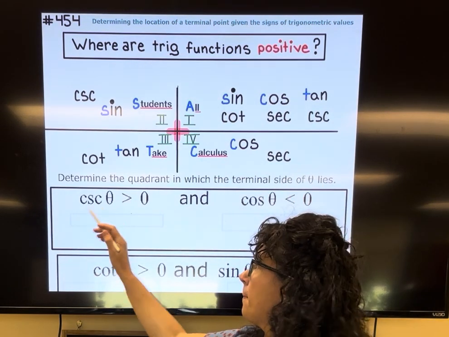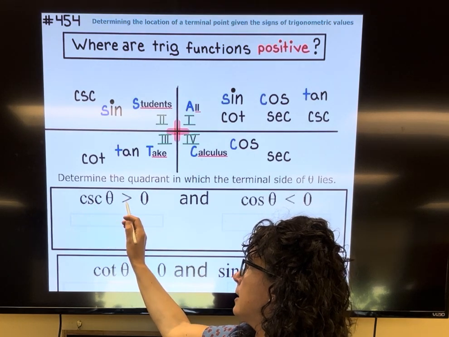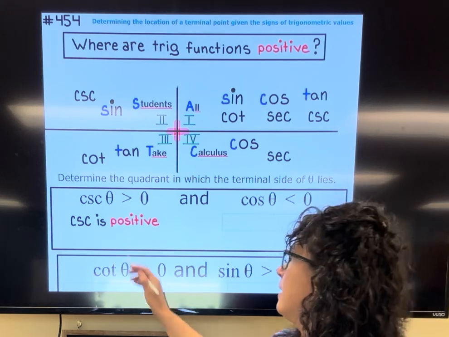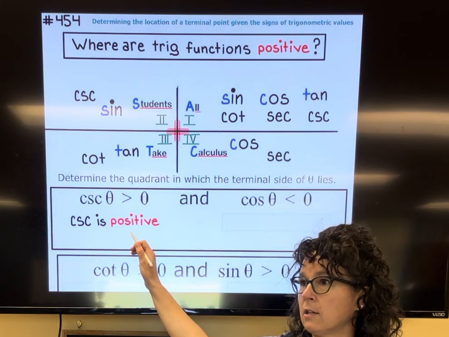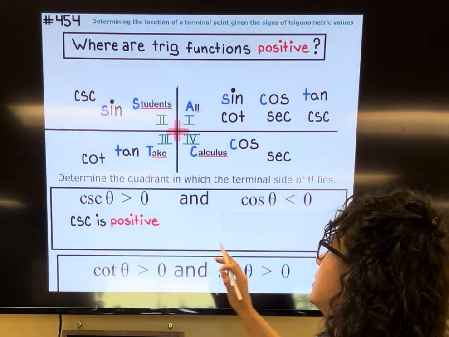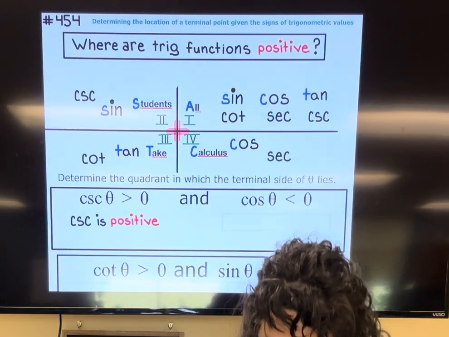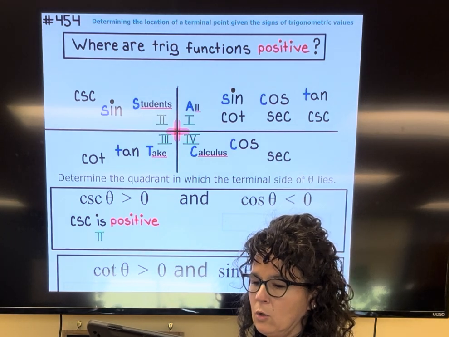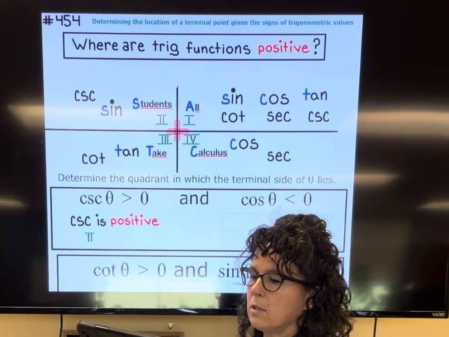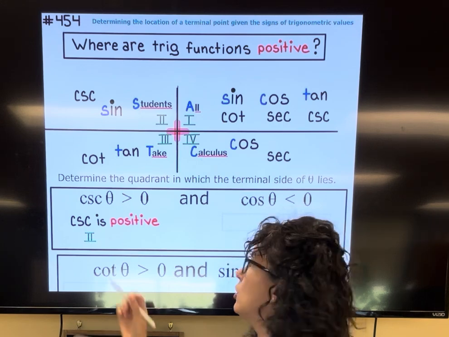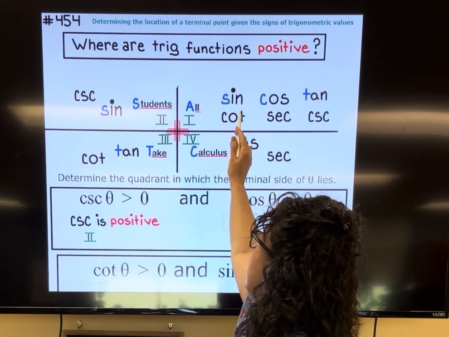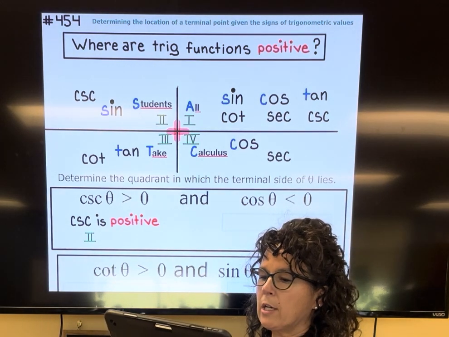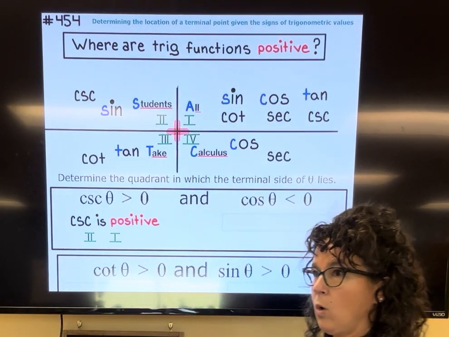Okay, so my angle, cosecant is greater than 0 is the same thing as saying that cosecant is positive. So if cosecant is positive, we know that that's happening in quadrant 2, that's one place. And then all trig functions are positive in quadrant 1. So it could also happen in 1.